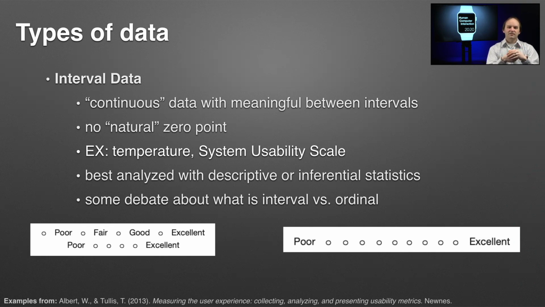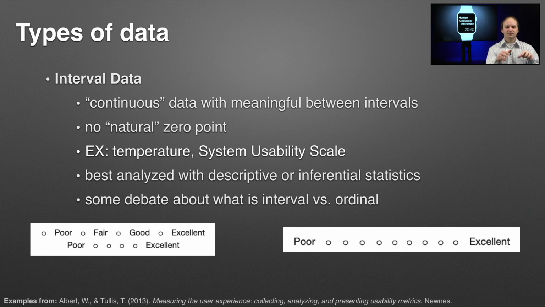But the good news about interval data is that it can be analyzed using full inferential statistics. So we can treat things as numbers, and we can add those numbers together and take averages, compare things, compute probabilities, and fit models and lines to things to predict things whenever we have this interval level data.